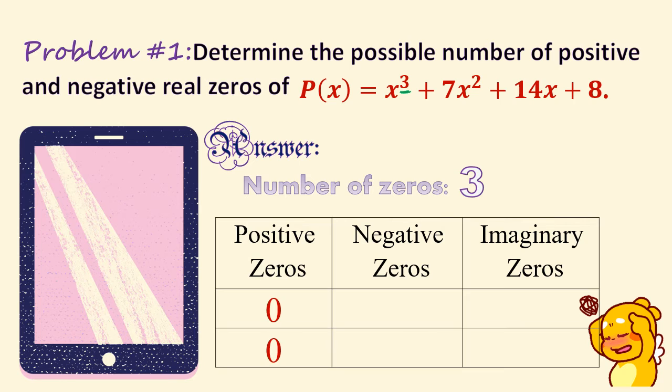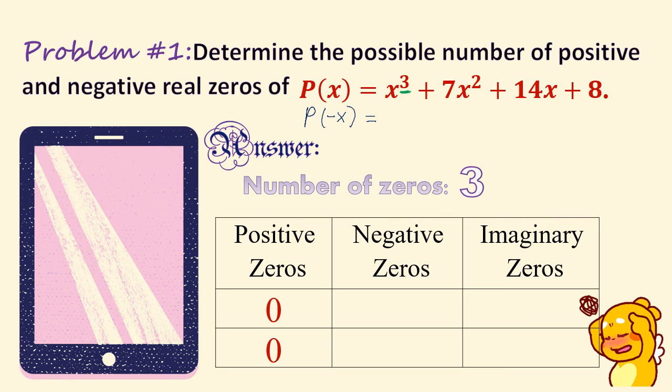Okay, so for negative zeros, for us to know the maximum number of negative zeros that we can have, we are going to apply already the p of negative x as mentioned in our Descartes' rule of signs. For us to find the number of positive zeros, we simply rely on the given polynomial function.